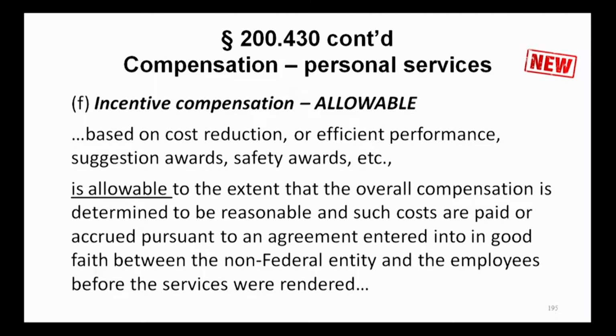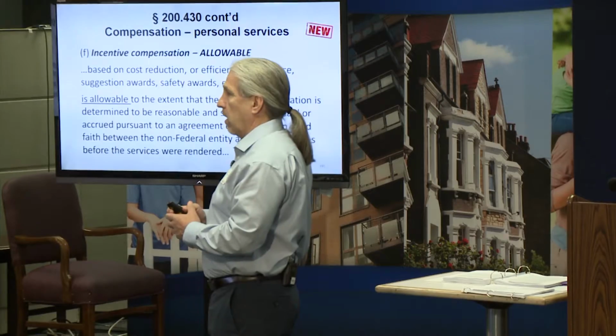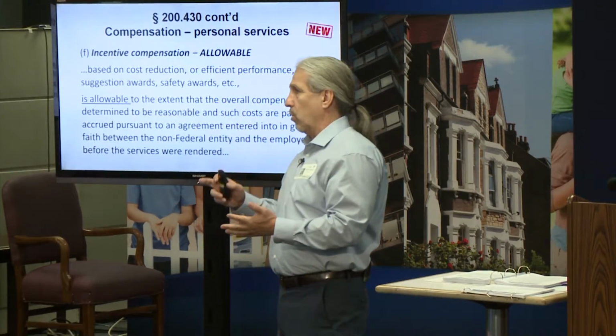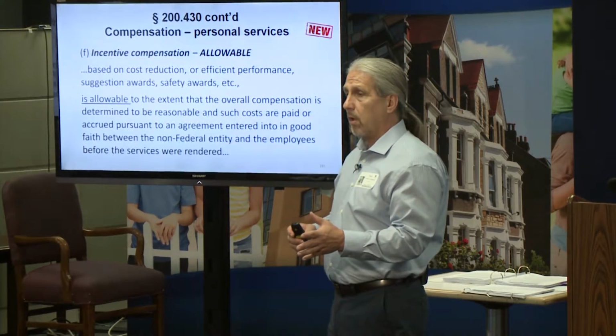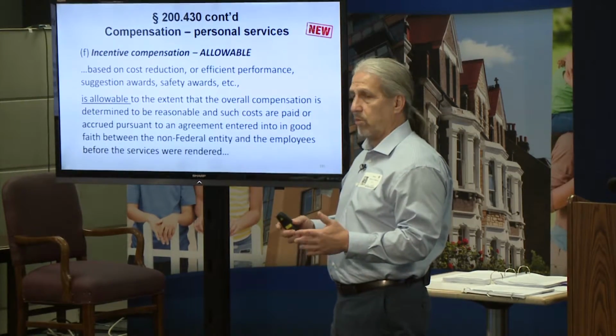No more staff morale cost. But anyway, there is this incentive compensation that's based on like a safety award program that we're doing within the company or the organization, efficient performance, suggestion awards, etc. It's allowable. It's allowable to the extent that the overall compensation is determined to be reasonable.